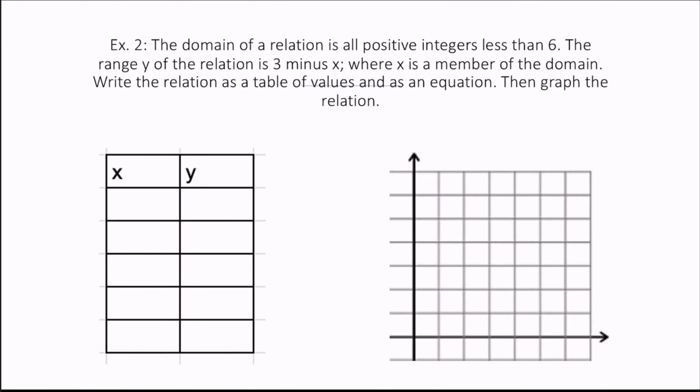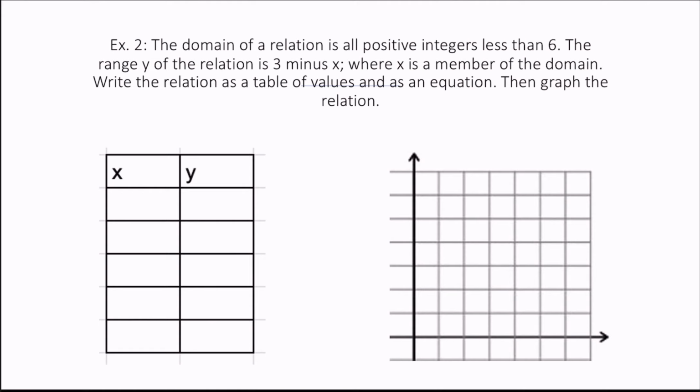So for a slightly simpler example, the domain of a relation is all positive integers less than 6. The range y of the relation is 3 minus x, where x is a member of the domain. Write the relation as a table of values and as an equation, then graph it.